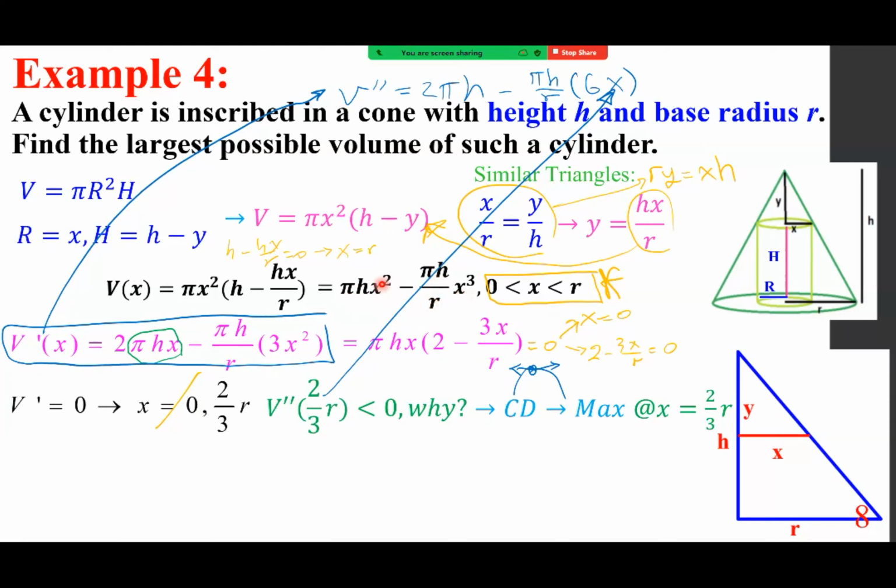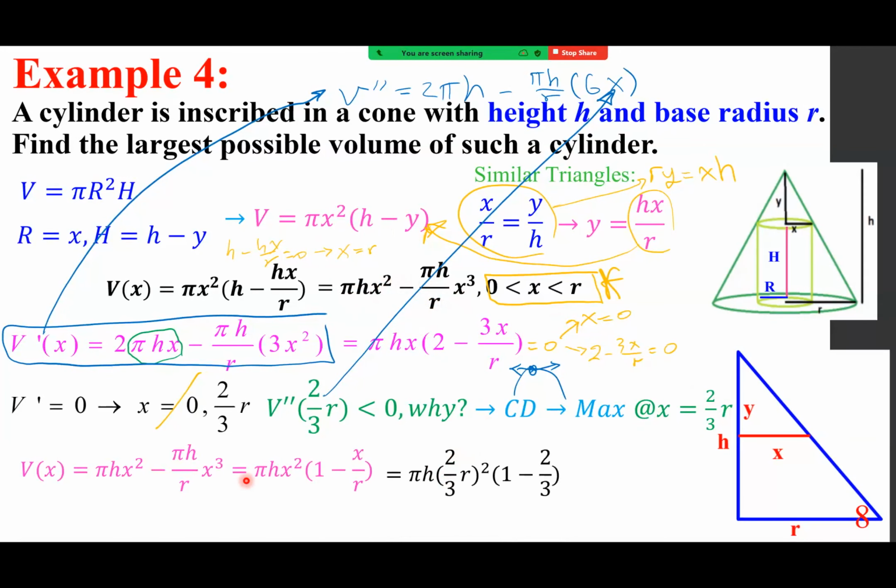Now replace the x with 2/3 r. Over here, if you factor the another x, pi h x squared, you get this one. So pi h 2/3 r squared, 1 minus 2/3.